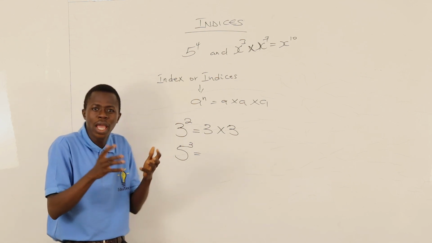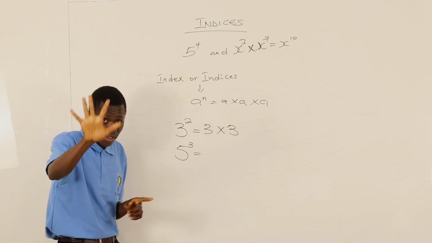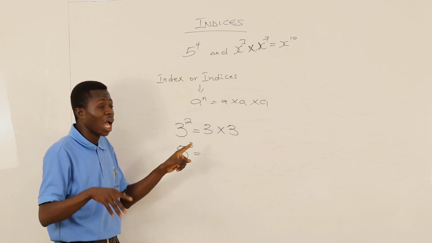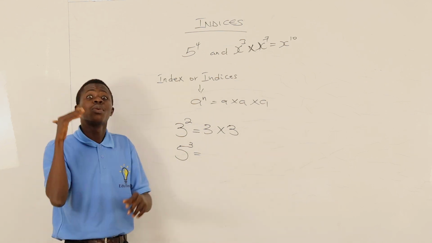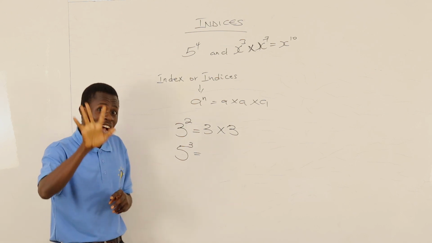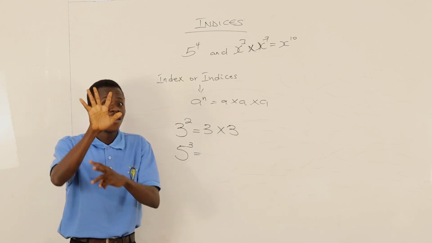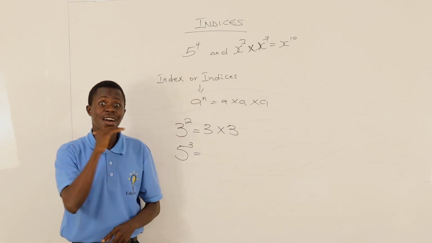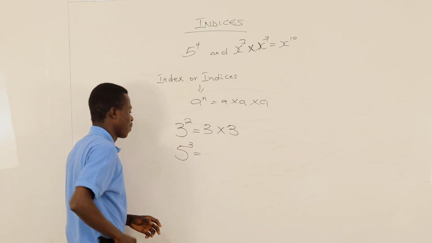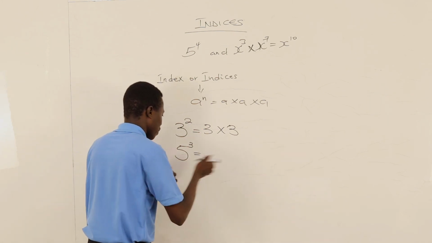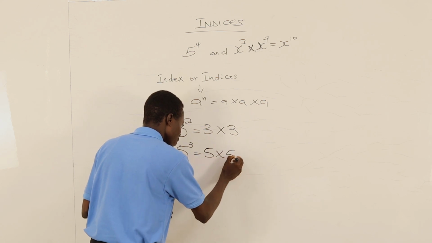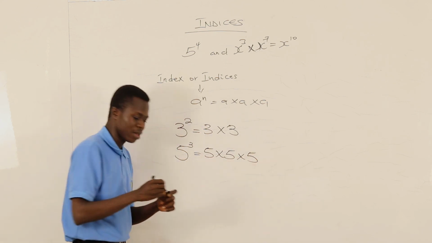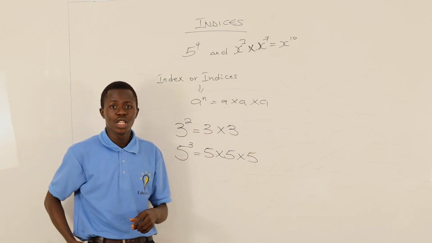How would we write the expression 5 raised to the power 3? That means we are going to have 5 multiplying itself how many times? 3 times. So we are going to have 5 multiplied by 5 multiplied by 5.